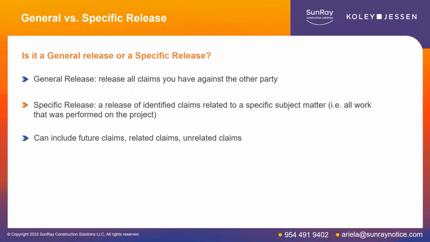So because of that, you want to work with your counsel to truly understand what you are giving up and ensure that whatever you are giving up, you are receiving adequate consideration in exchange for the release that you're providing.